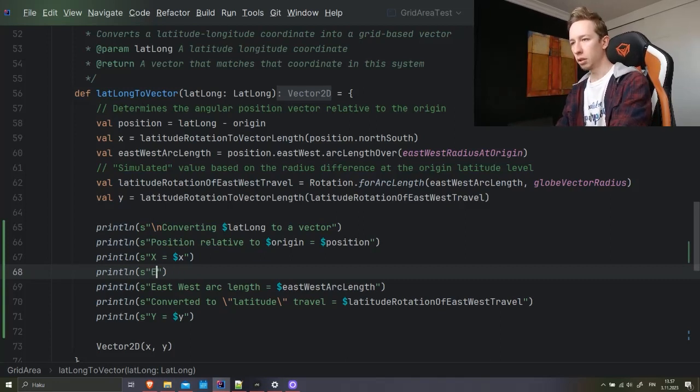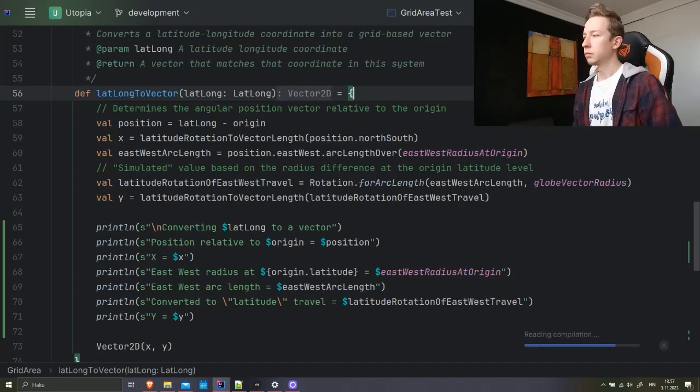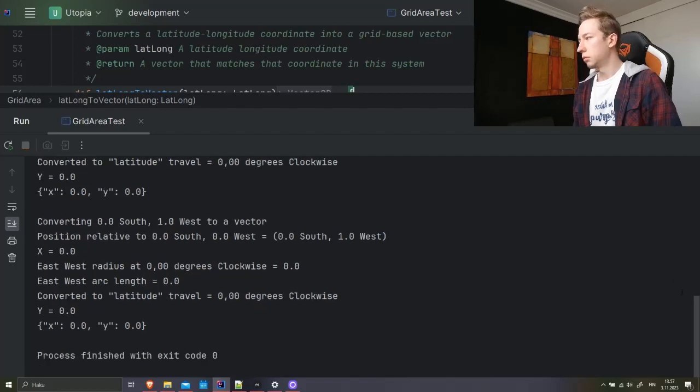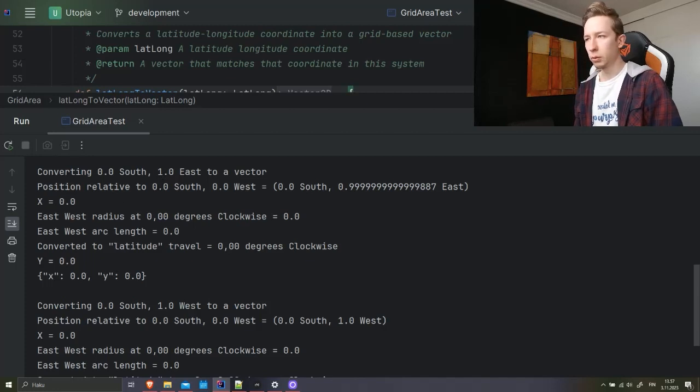So east-west radius and origin dot latitude equals east-west radius at origin. Okay, 1 east-west radius at 0 degrees, 0, 0.